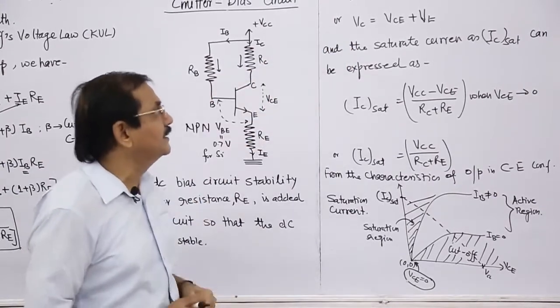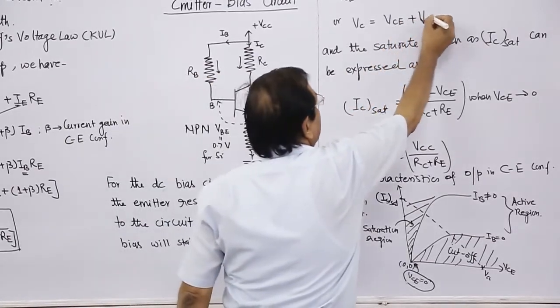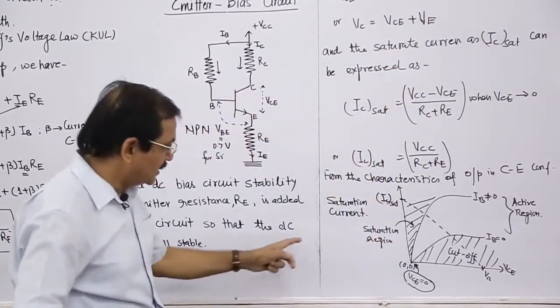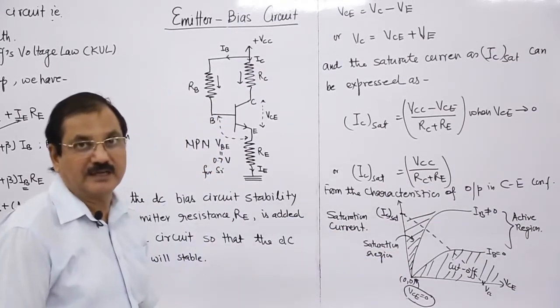This collector current is the saturation current.